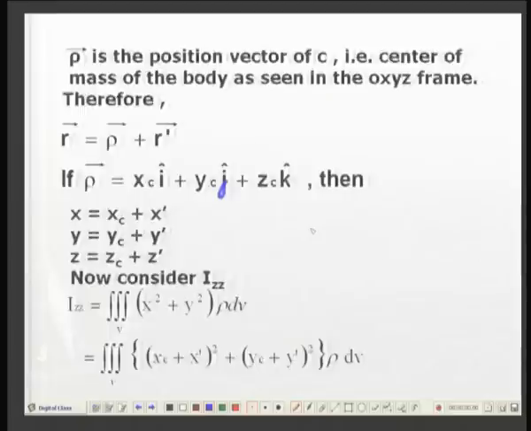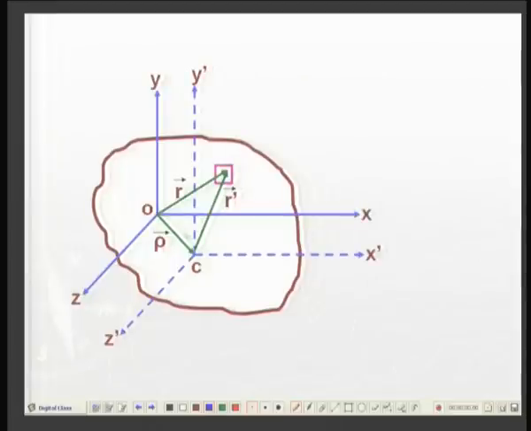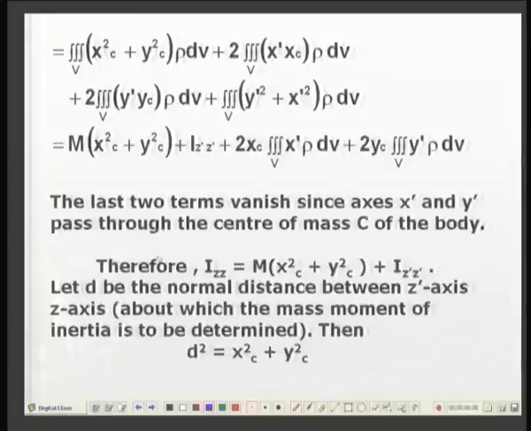Again refer back to the figure. So this is the z axis and this is the z dash axis. So d square, the normal distance between the z and z dash axis squared, is equal to xc square plus yc square. This is by Pythagoras theorem.